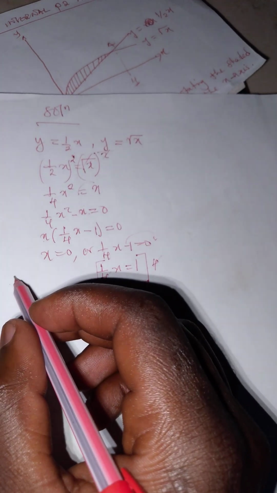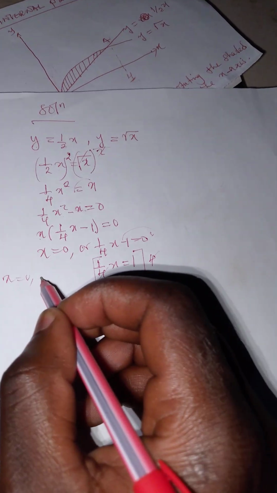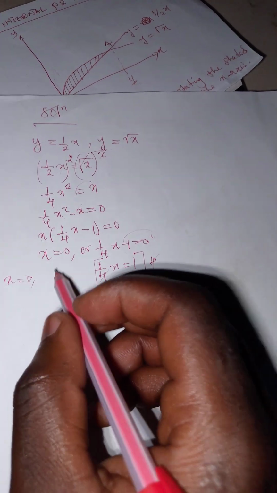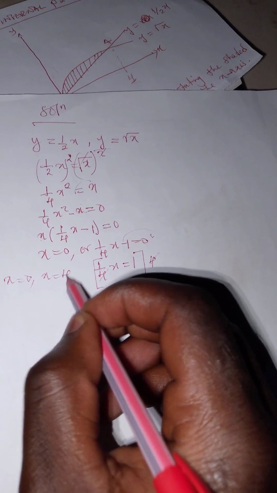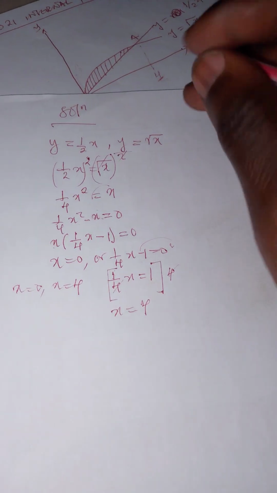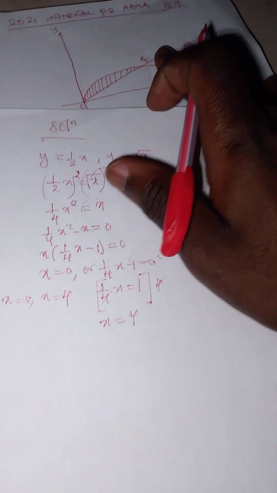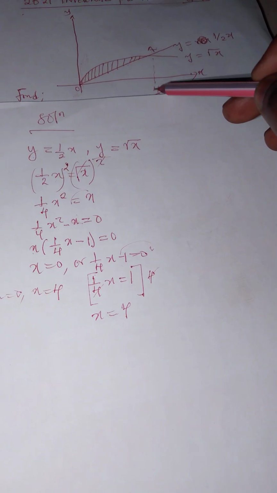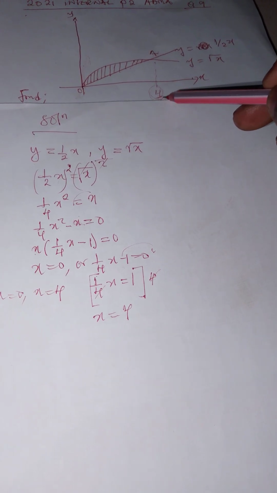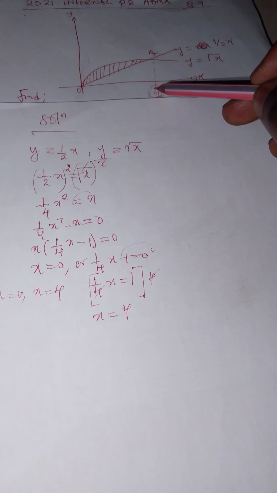So I will say, okay, I have x is 0, then I also have x is 4. So when I look at this curve that I've been given here, exactly here, it can be 4 here as the value of x.